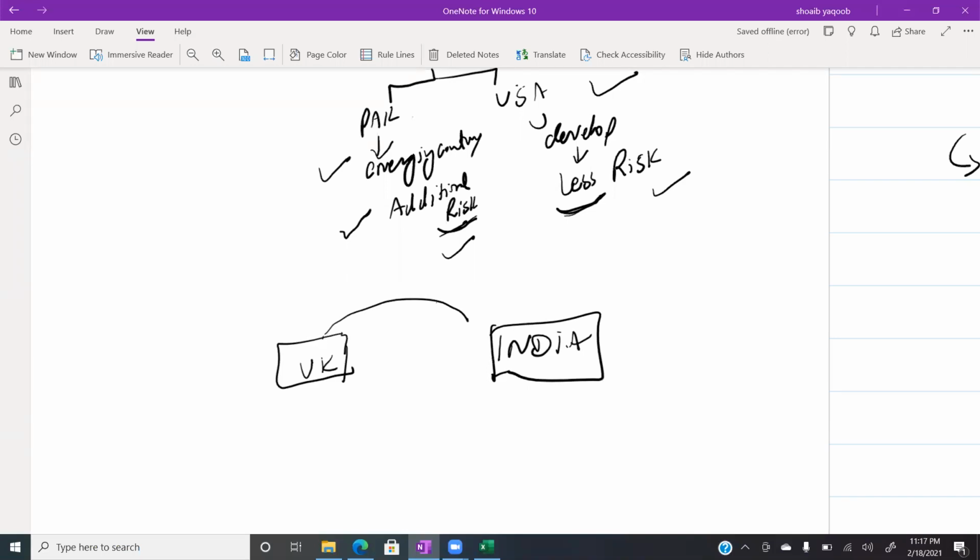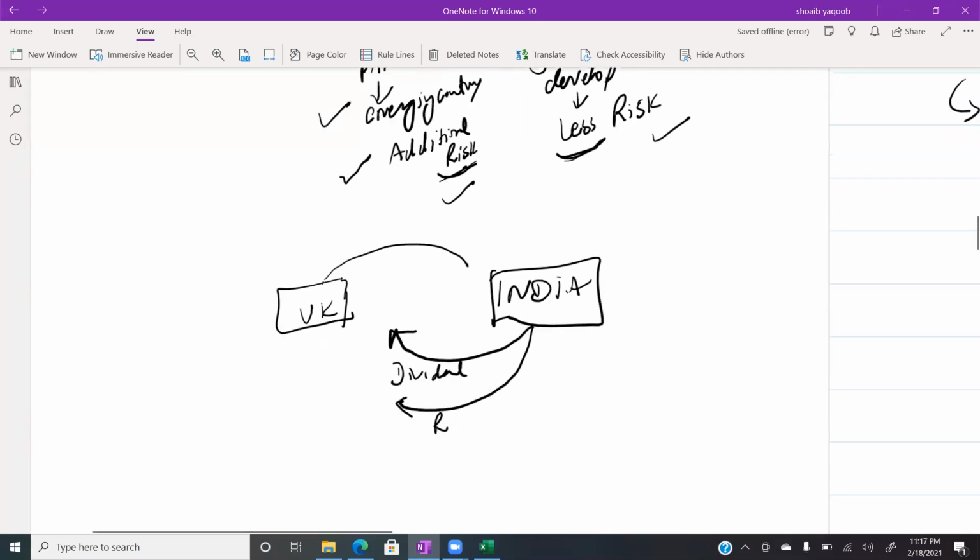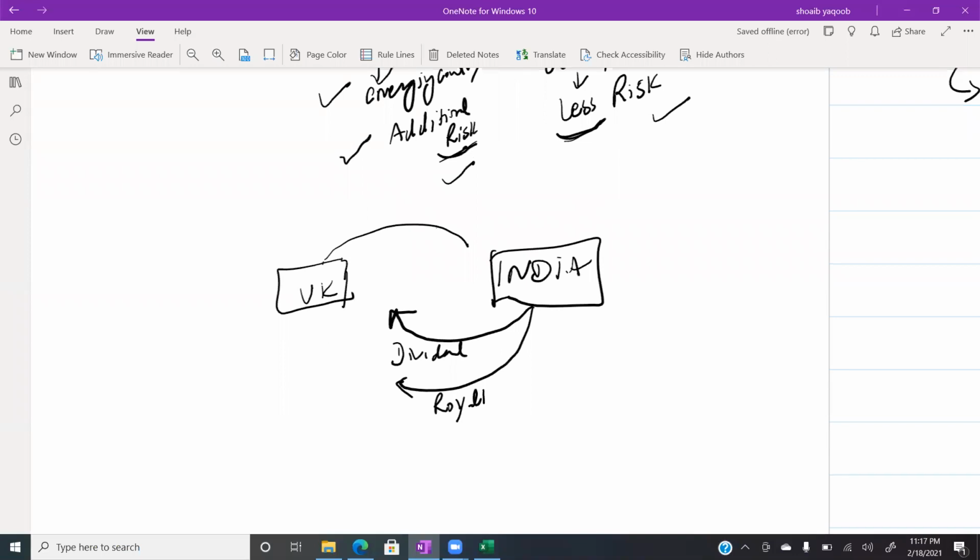And from India, you are receiving dividends, you are receiving royalty, you are receiving management fee. All of the cash flows which you are receiving from the other country are called repatriation.